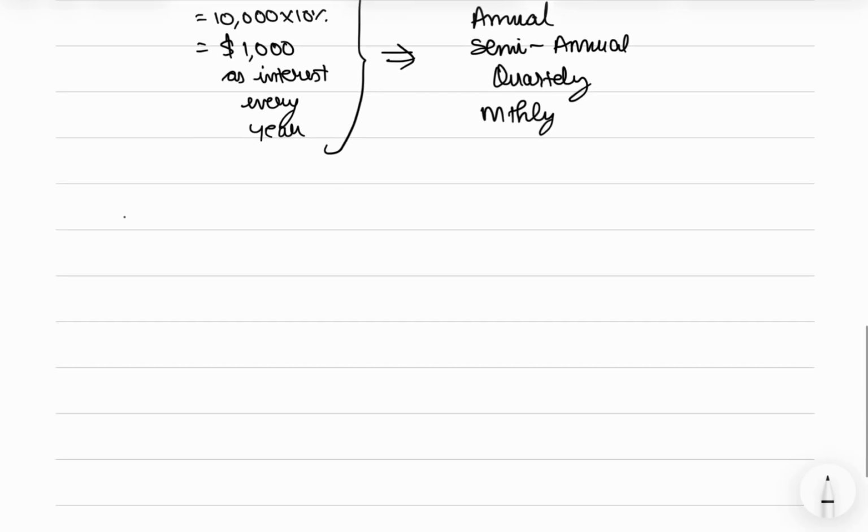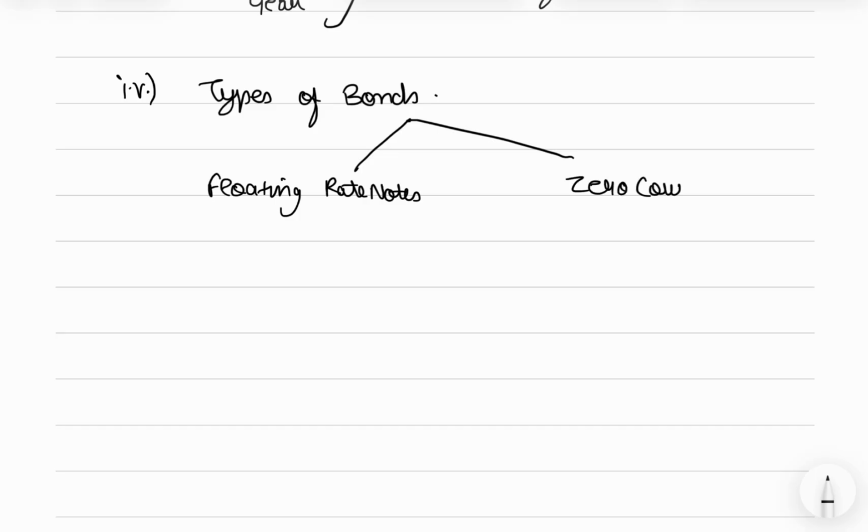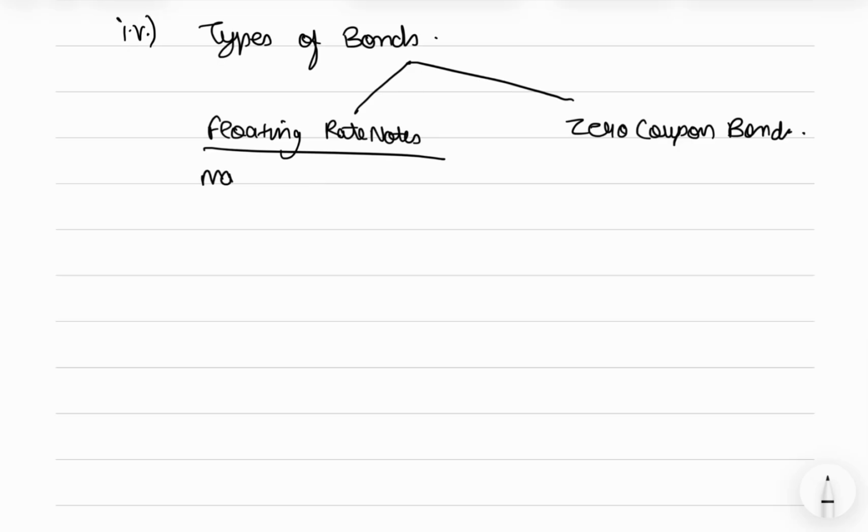Then we have something known as types of bonds. As of now I'm just discussing two types of bonds. One is floating rate notes, and the other is a zero coupon bond. Floating rate bonds have variable interest and they are based on a market rate plus a fixed margin.